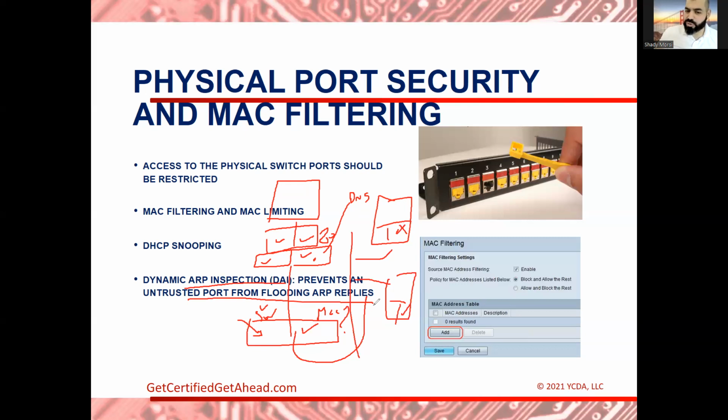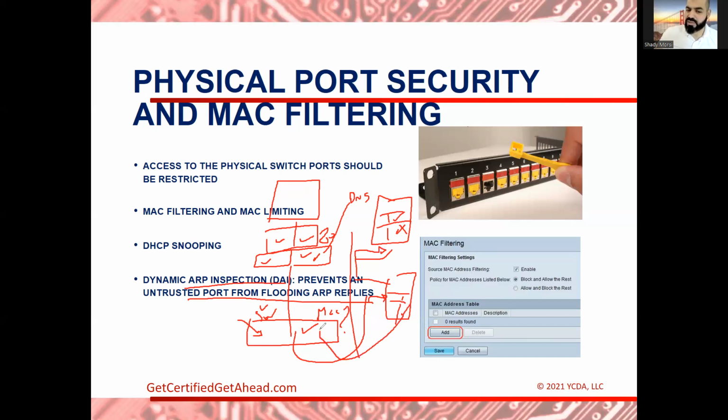This broadcast message goes to the first computer and to the second computer. Every computer knows the IP address it has, and only the computer that matches the destination address will reply with its own MAC address. This one says, no, this is not my IP address, not my MAC address. This one says, yes, this is my IP. Here is my MAC address.